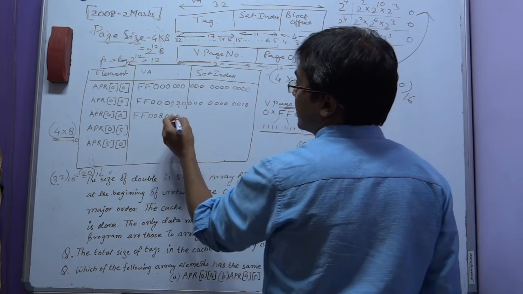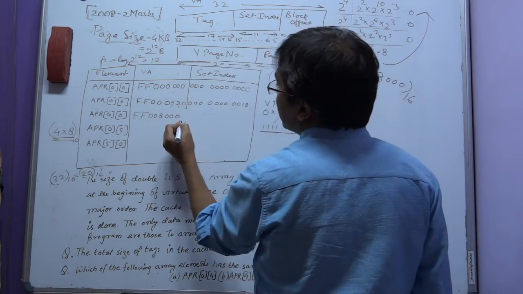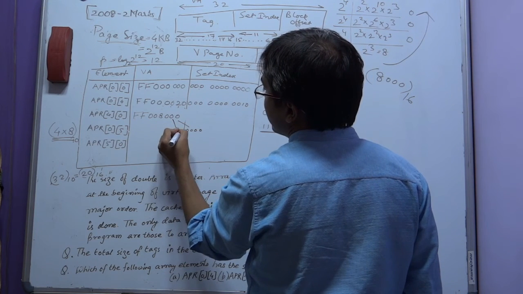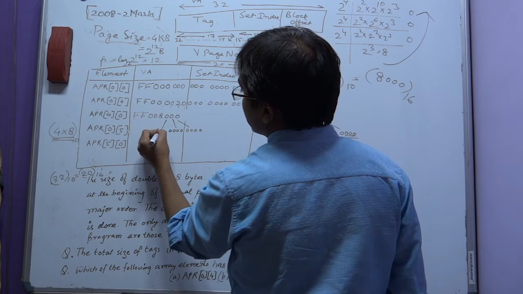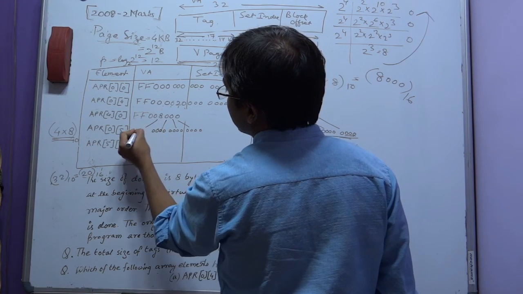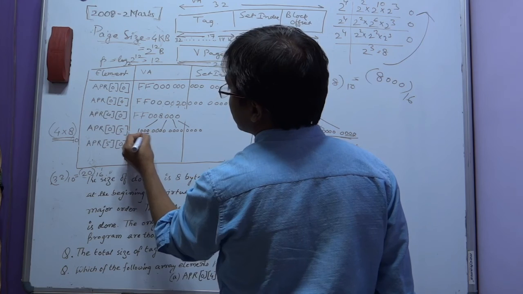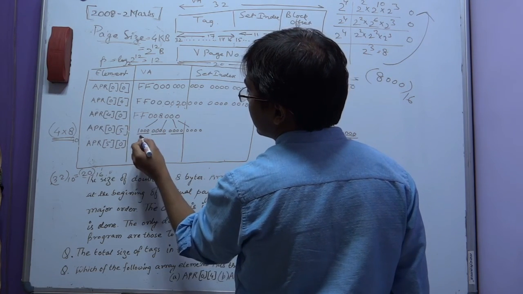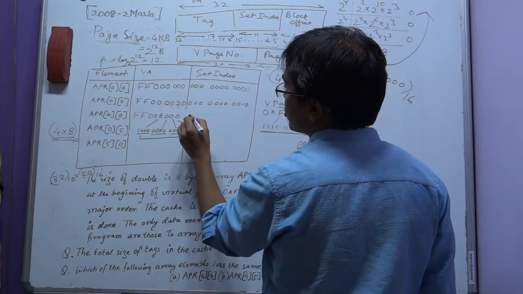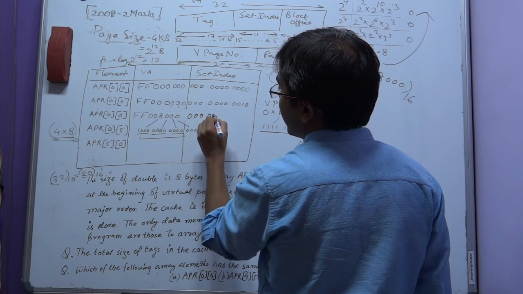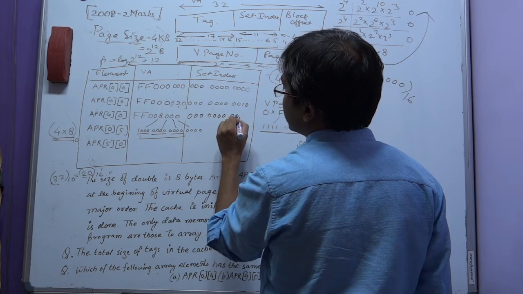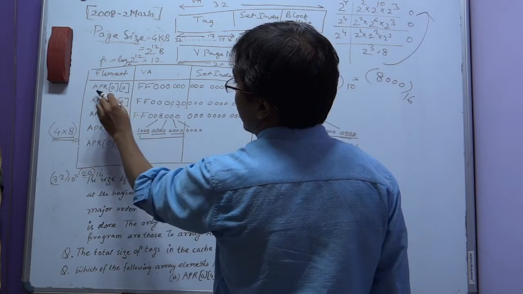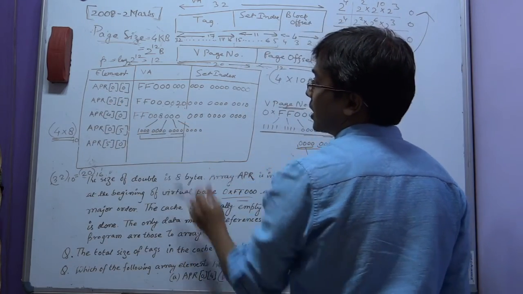Now to take the 5th to 15th bit, convert it into binary again: 0000, 0000, and 8 is converted as 1000, right? Now 5th through 15th is this, all zeros. So as we can see, here we have the set index as all zeros, which is the same as that of APR00. So this would be the correct answer.